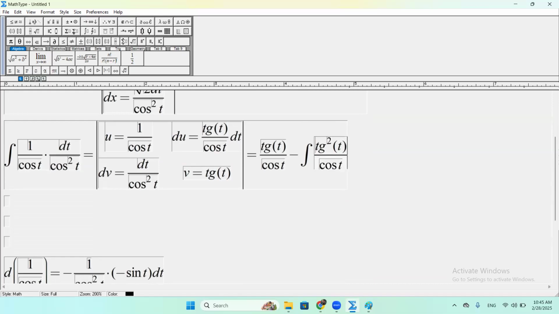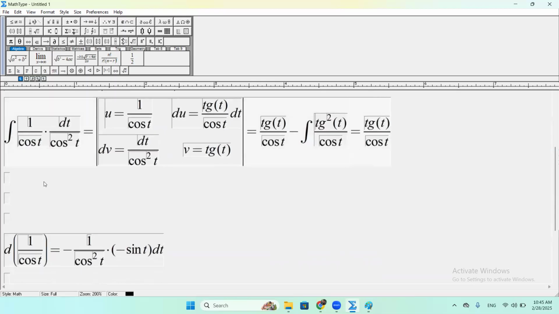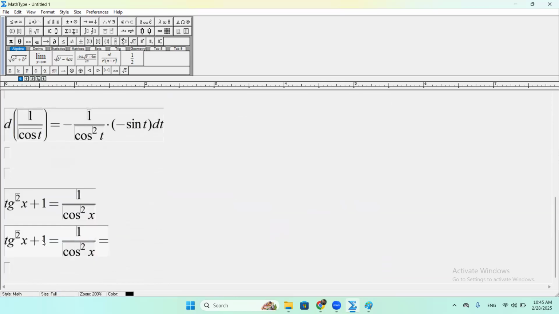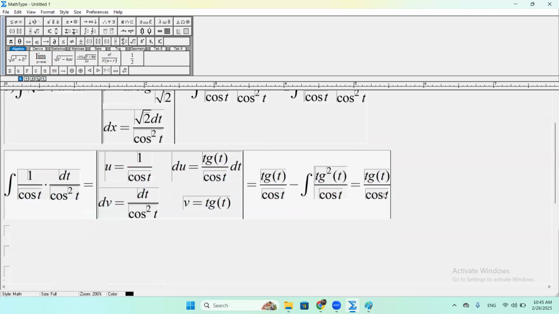Okay, and now let's rewrite tangent square of t. How can we receive it? From this expression, tangent square will be equal to 1 over cosine square of x minus 1. So let's write it.